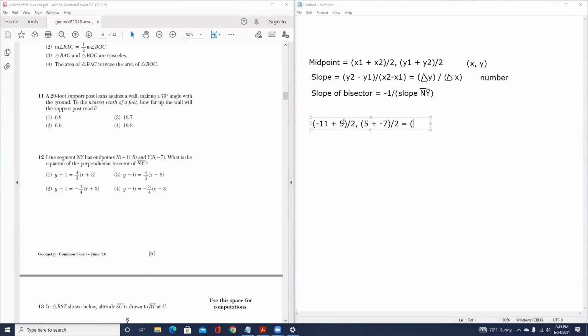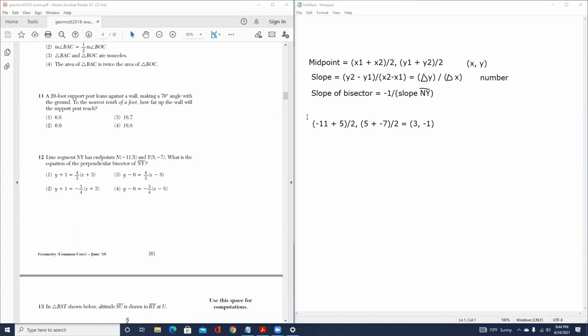If you plug this in, in this case, x1 is -11, x2 is 5, y1 is 5, and y2 is -7. This is equal to (3, -1). That's the coordinate of the midpoint.